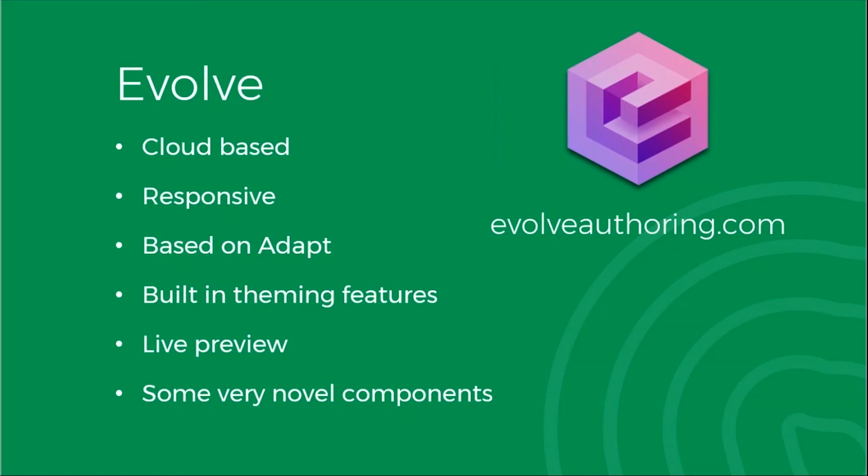They've got live preview. I know this is something that their developers were really proud of. The way that Evolve and Adapt work is that it's not a WYSIWYG authoring environment. You build your courses up from a form view, and you need to preview that to see what you're getting. There was always a disconnect in Adapt, and the preview was delayed.